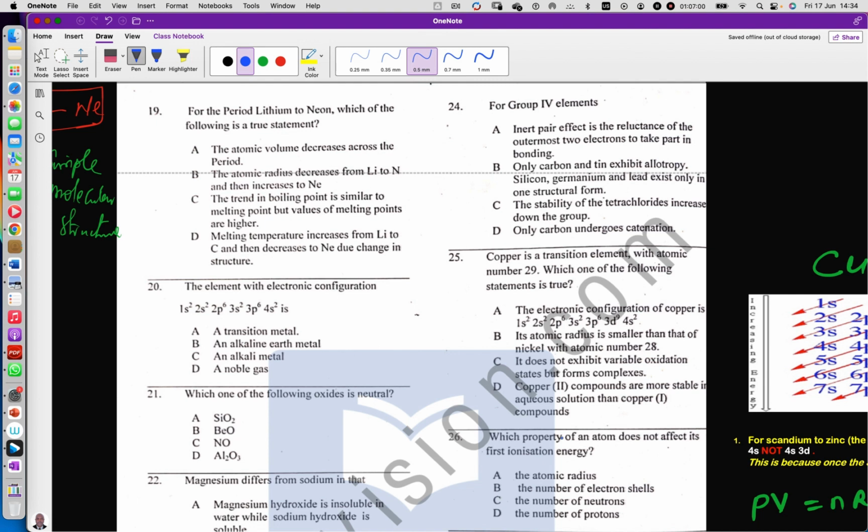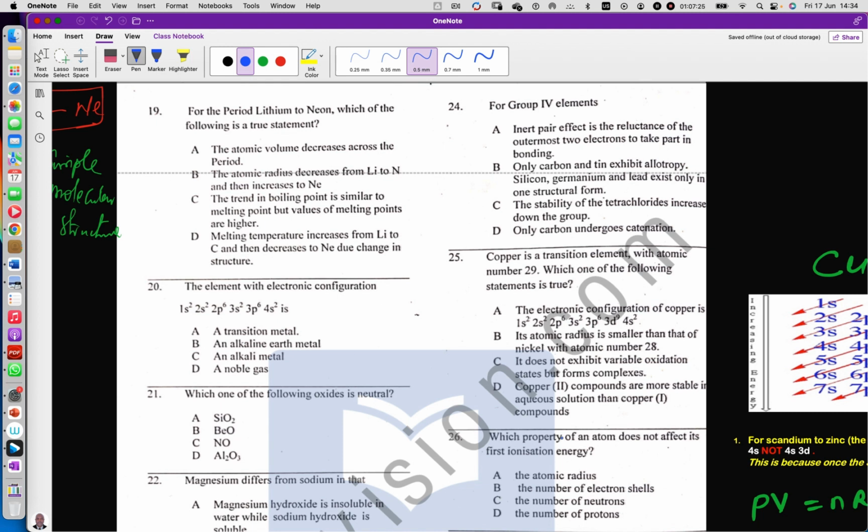In this case, it happens but with ionic radius. The ionic radius will decrease from lithium for the cations, then for the anions, it starts increasing. So B is not the right answer.